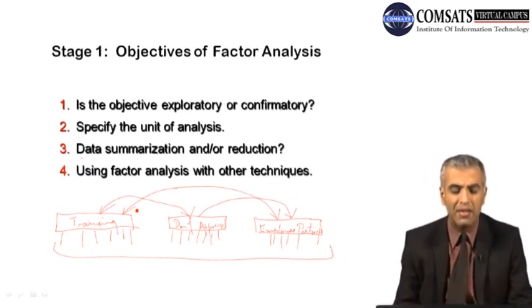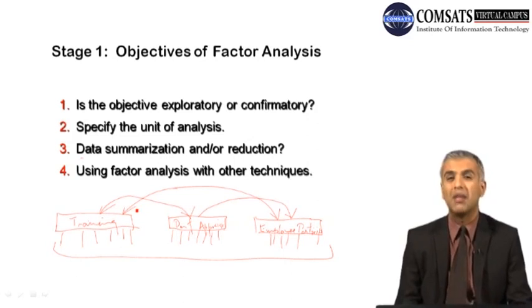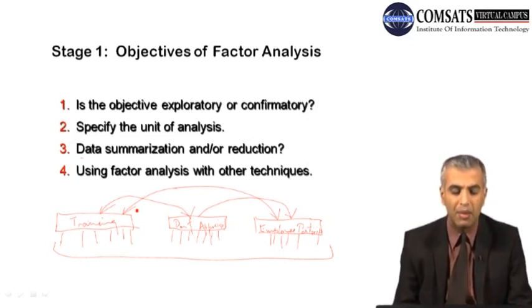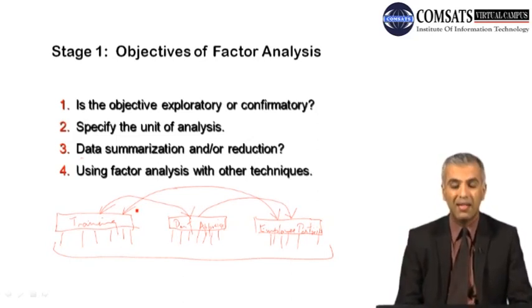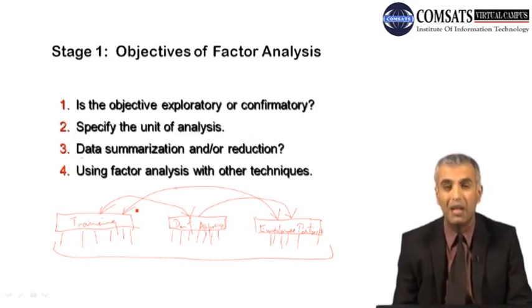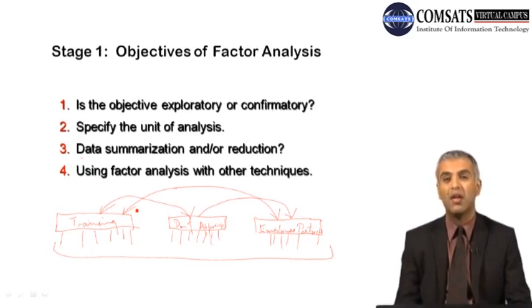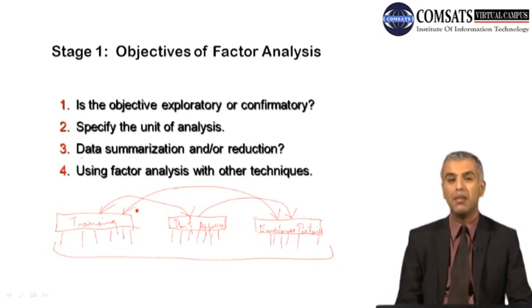Then when we have identified our objective and we know which type of method is to be used, we have to specify the unit of analysis. In unit of analysis, we have already discussed that primarily two types exist. One is called R type and the second is called Q type.